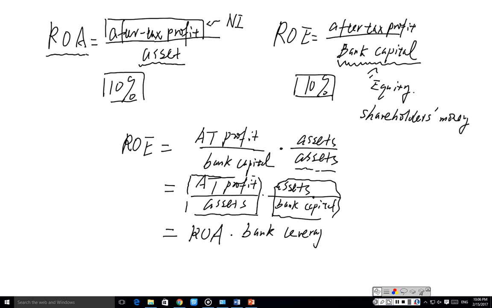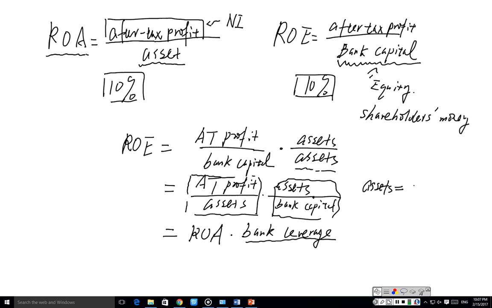Some of you may ask the question, what's the meaning of bank leverage? Bank leverage can tell you whether a bank relies heavily or slightly on the debt they have. Let me give you one example here.